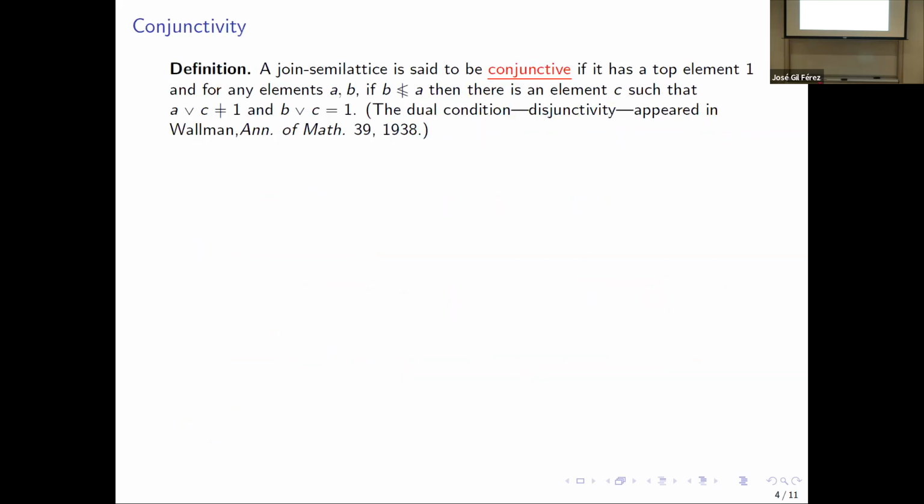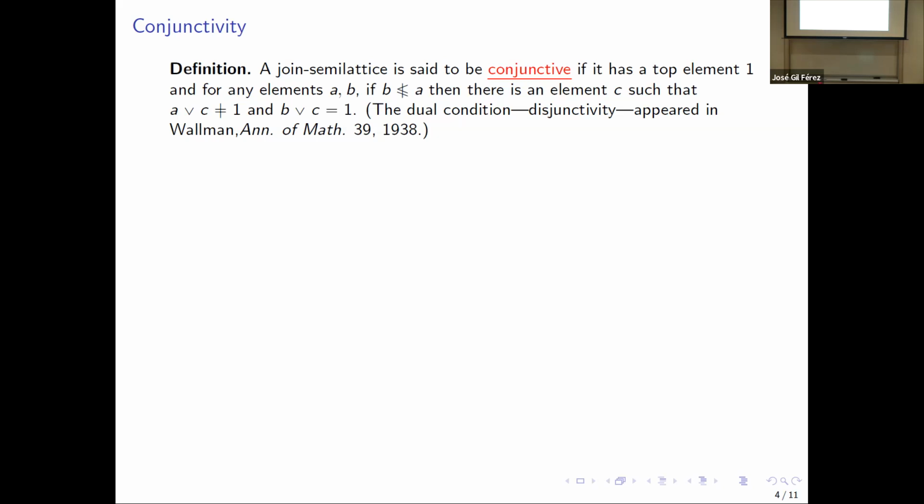Okay, so a join semilattice is said to be conjunctive if it has a top element, and for any elements A and B, if B is not less than A, then there is a C such that the sup of A and C is not equal to 1, and the sup of B and C is equal to 1. A condition like this first appeared in Wallman's paper on the Wallman compactification in 1938, except the dual condition, and he called it disjunctivity.